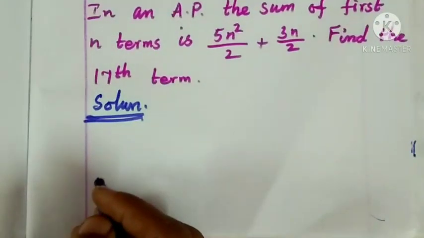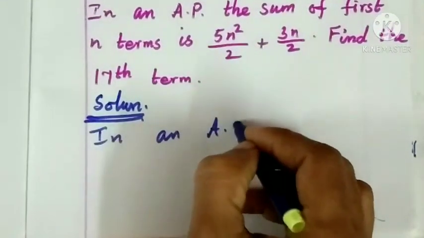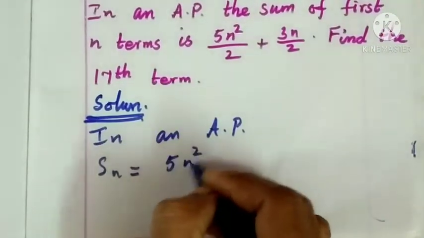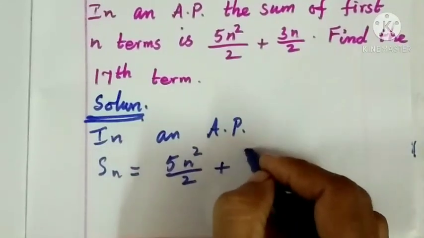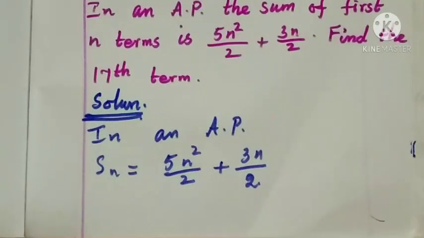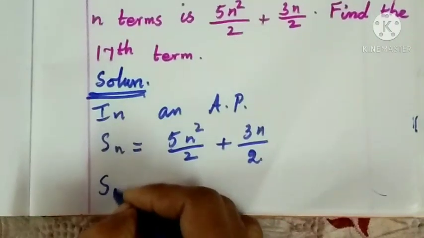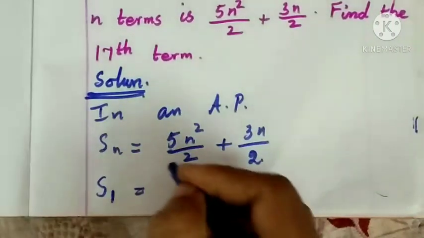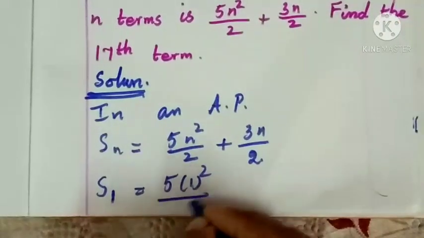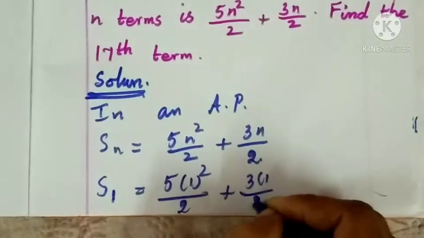First you take down and write the given. In an AP, Sn is equal to 5n squared by 2 plus 3n by 2. First you have to find the value of S1, that is replace n with 1. Therefore 5 into 1 squared by 2 plus 3 into 1 by 2.